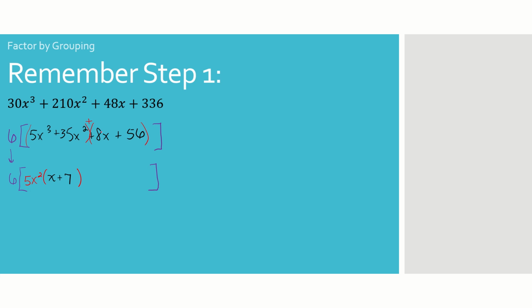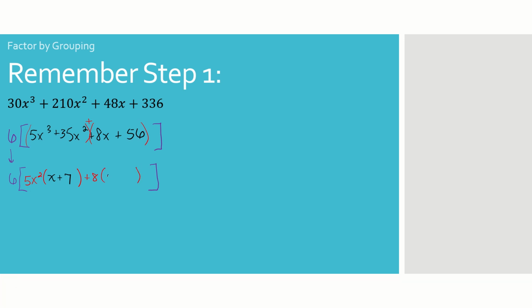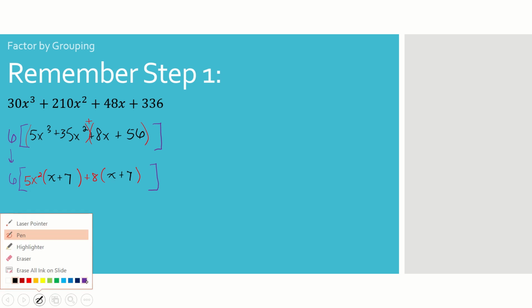And then the second group, GCF, is positive 8. And we'll factor that out, also leaving us with an x plus 7. So again, we know we're on the right track because what's inside the parentheses matches each other. So don't forget, bring this GCF down.